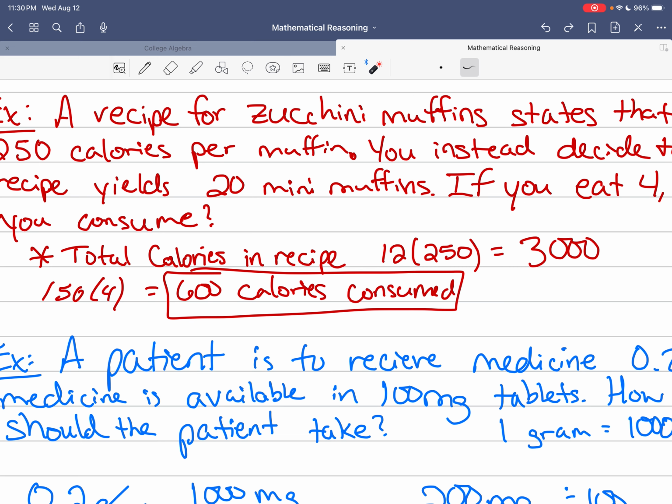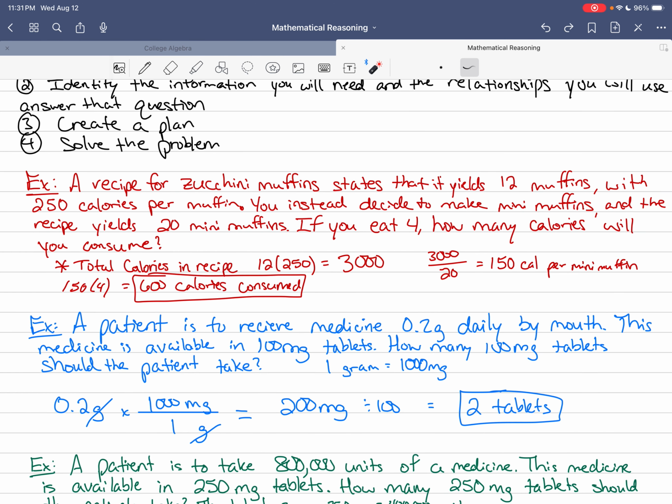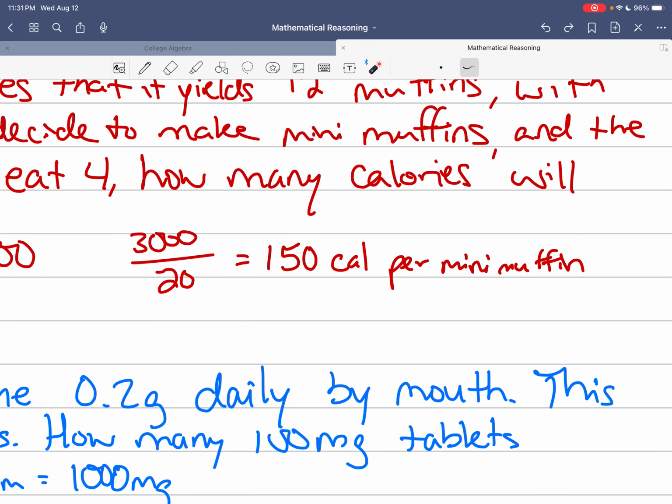Well, we know the recipe originally makes 12 muffins, each with 250 calories. So you're going to multiply those two together to figure out that there's a total of 3,000 calories in the recipe. Now, we've got to figure out how many calories are in each mini muffin. They told us it's 250 calories per regular muffin, but we made minis, so we take our 3,000 and divide by the 20 mini muffins that we make.